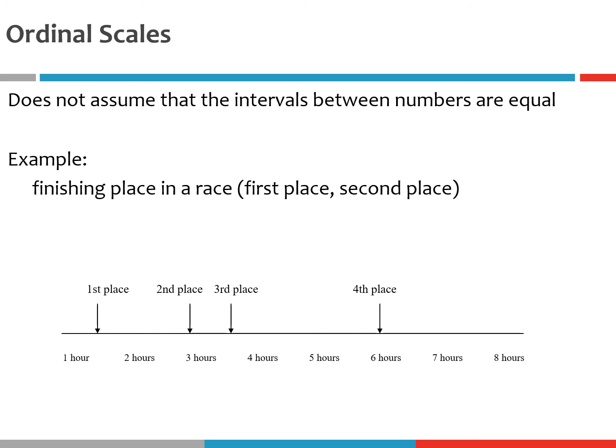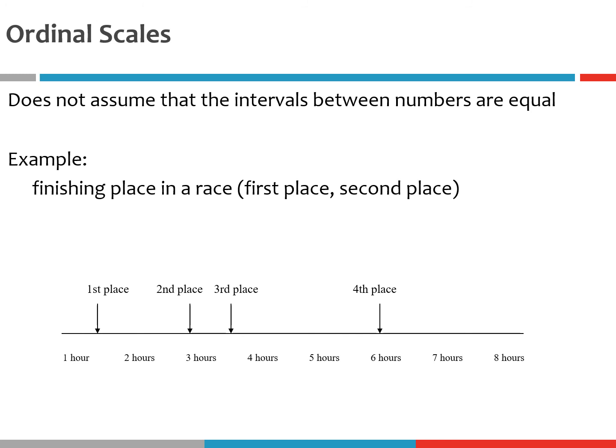The horse that finishes first was able to obtain a faster speed than the horse that finished second and third and fourth and so on. So there is a natural ranking or ordering that's present.